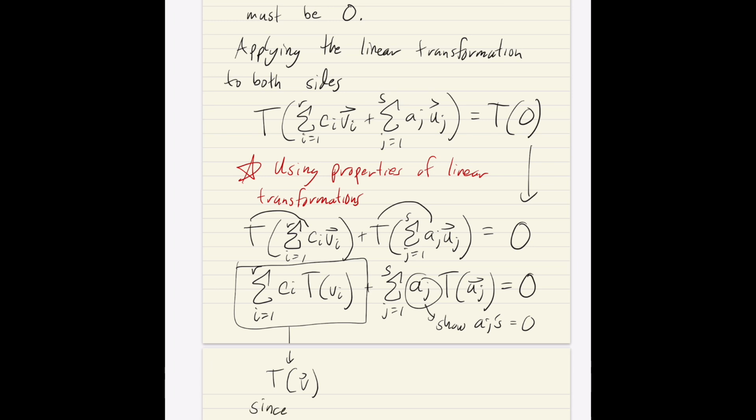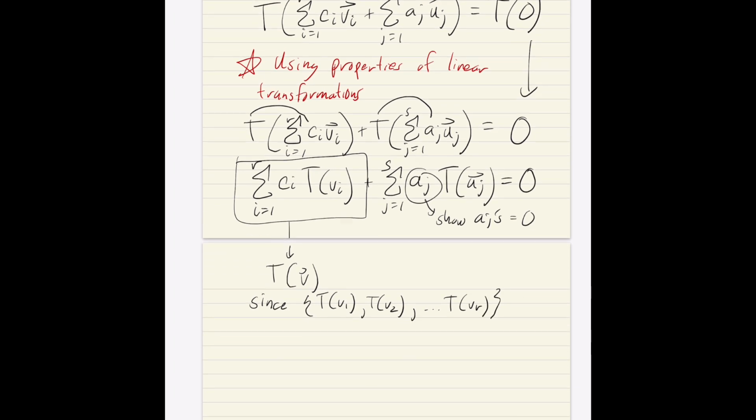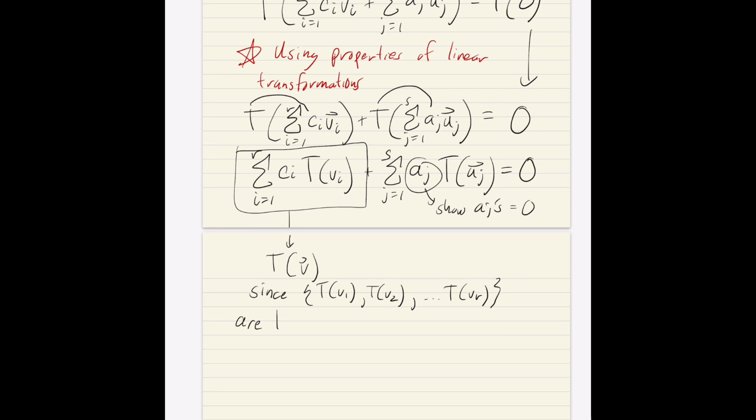Since we mentioned earlier that T of v1, T of v2, all the way to T of vr are linearly independent, by the definition, it follows that all the ci's are 0. So that's something that we defined earlier.